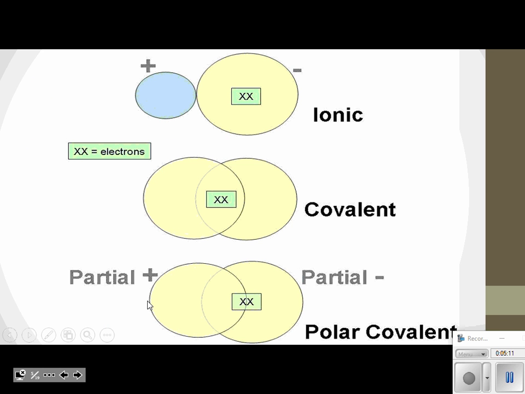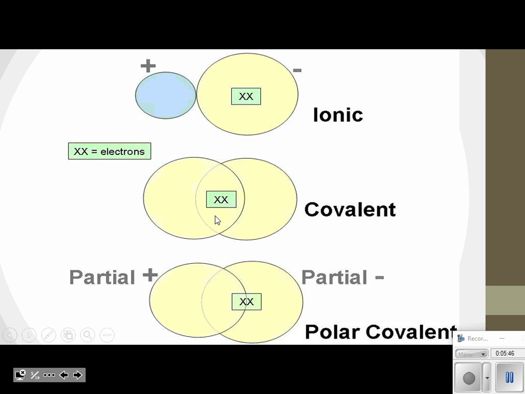So just a little bit of a breakdown, okay? If we have an ionic bond, and these X's represent the electrons, the bonds. If I have an ionic bond, the positive ion gave its electron totally to the negative ion. This one would represent a nonpolar covalent bond because the two different substances are pulling at the same amount.